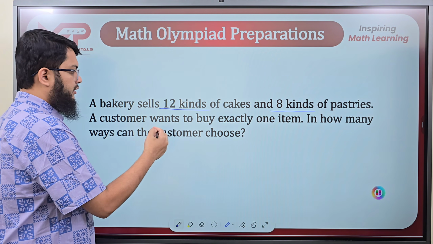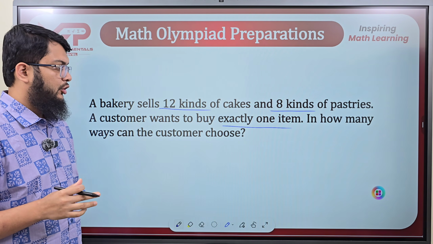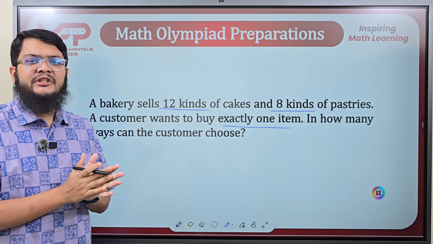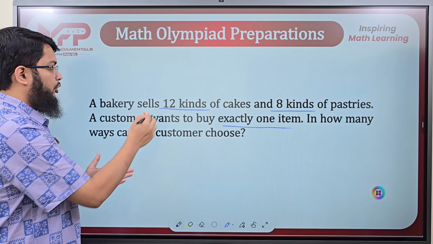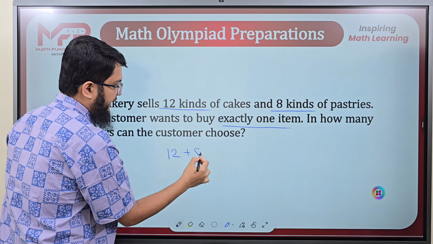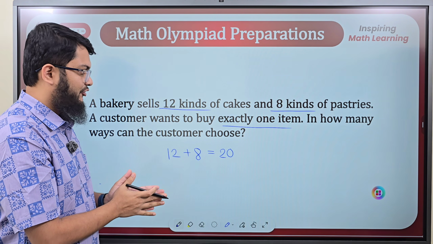Now, the customer wants to buy exactly one item. So if you recall, when only one item out of different options is to be selected, we do the addition principle. So you just add 12 plus 8 and you get 20. So 20 is the result for this question.